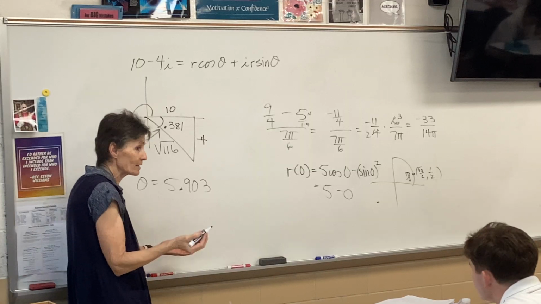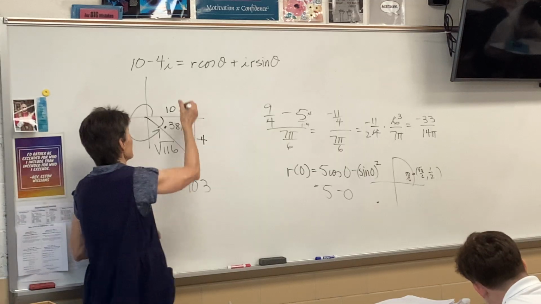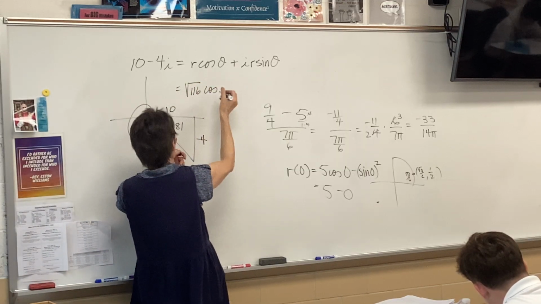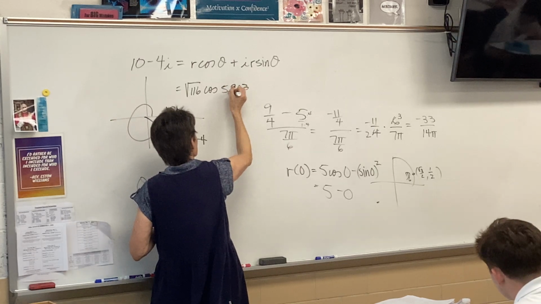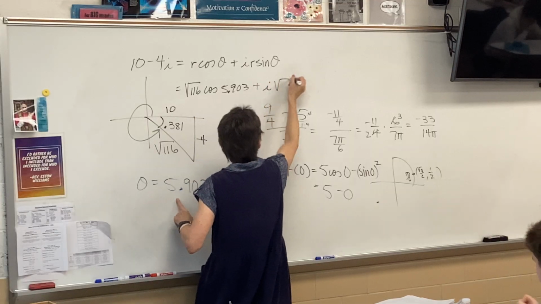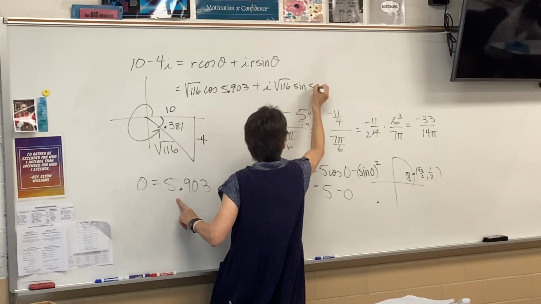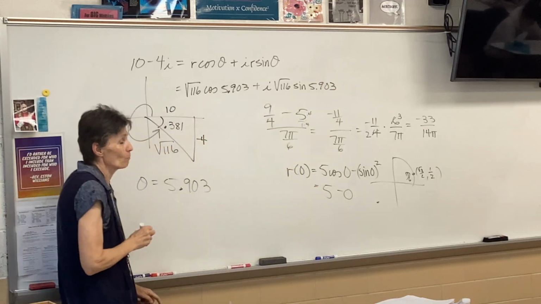Since you have a calculator, you can get a decimal for that, or you can just leave it as the square root of 116. We really needed a calculator for the angle. If you put a decimal, it would be okay. There's my polar form.